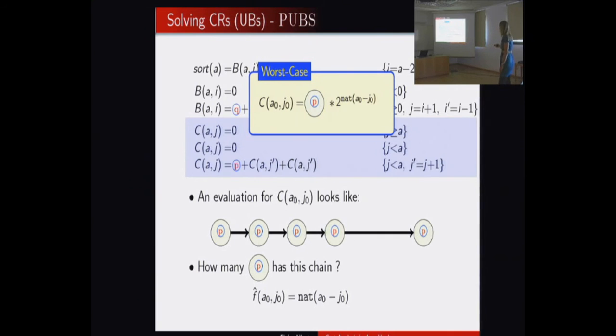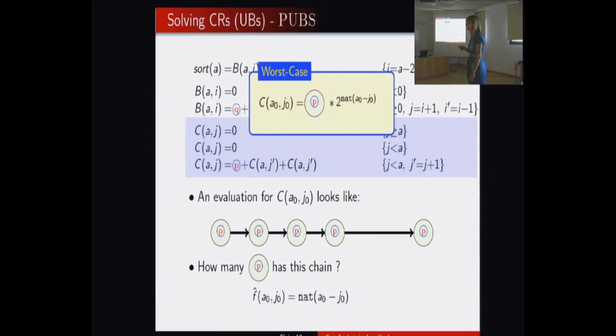And thus, the evaluation is not a branch like this, it's a tree with many branches. So the ranking function gives me the depth of the tree. If I have two calls, 2 to the ranking function gives me how many nodes I can have at most in any evaluation for this relation.